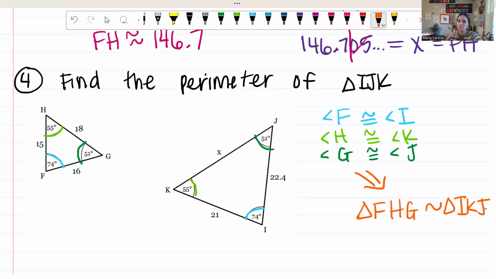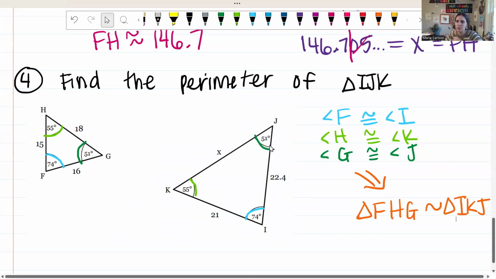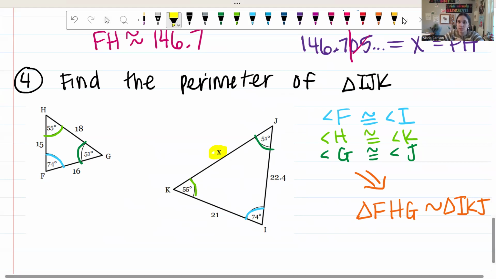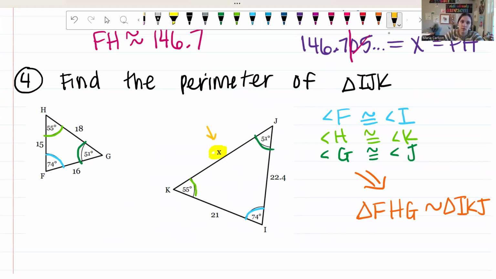And then we can look at their side lengths and find that measure that we don't know, X. So we need to solve for X first.